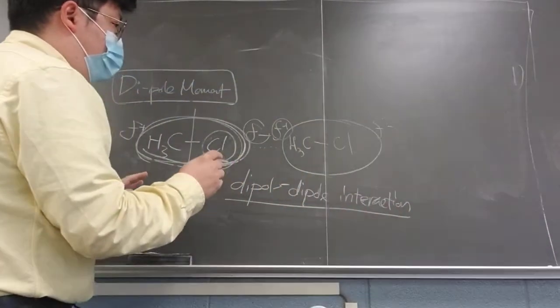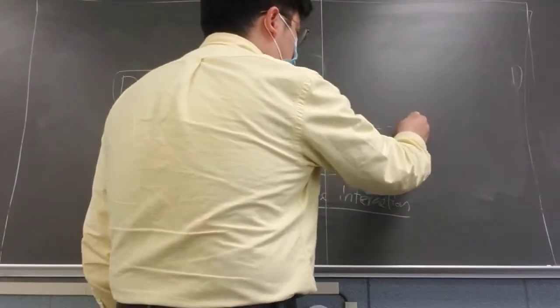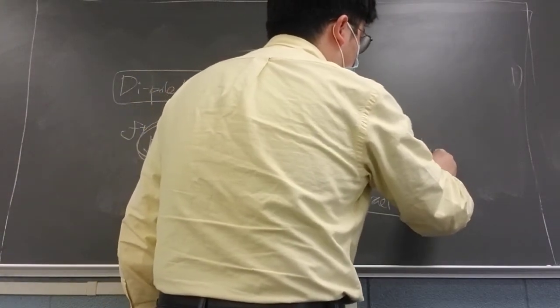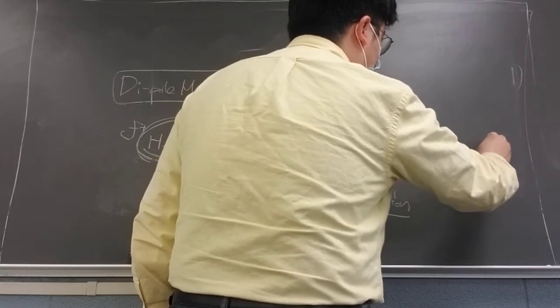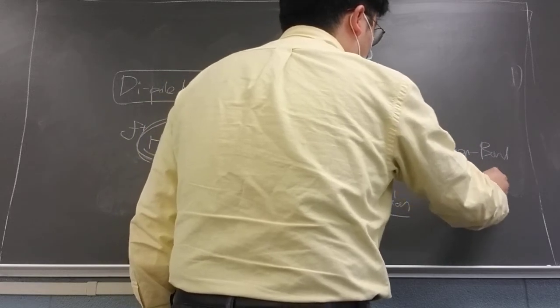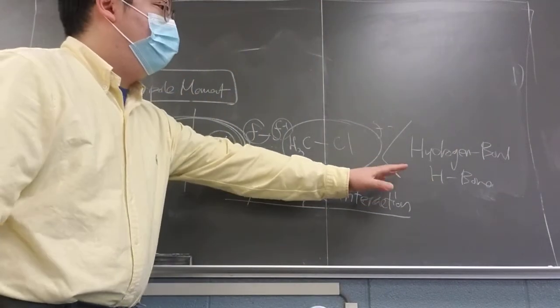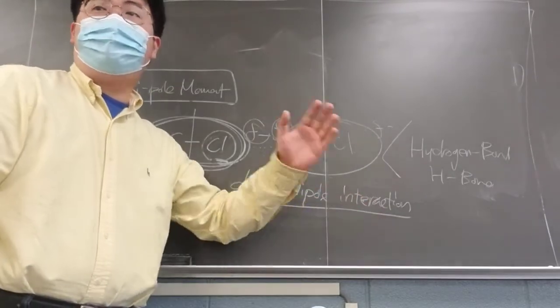So we have a special case of dipole interaction that we call hydrogen bond. Okay. Some just call this H bond, hydrogen bond. So hydrogen bond is also dipole interaction, but a special one.